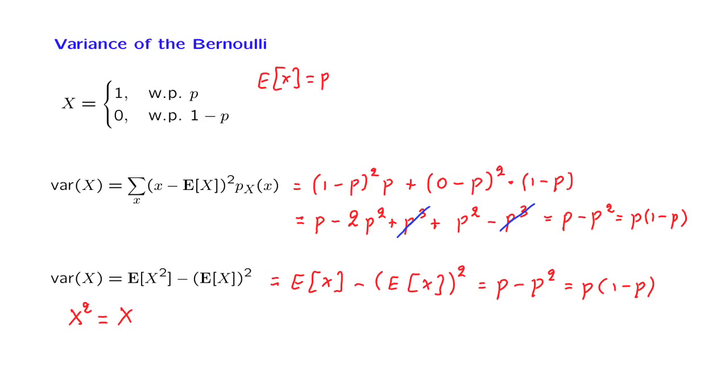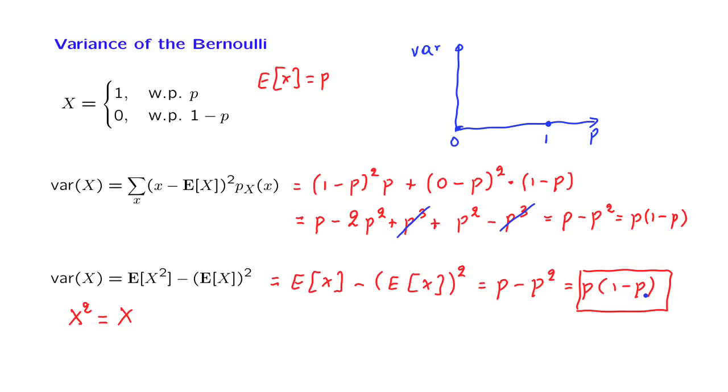Now, the form of the variance of the Bernoulli random variable has an interesting dependence on p. It's instructive to plot it as a function of p. So this is a plot of the variance of the Bernoulli as a function of p, as p ranges between 0 and 1.